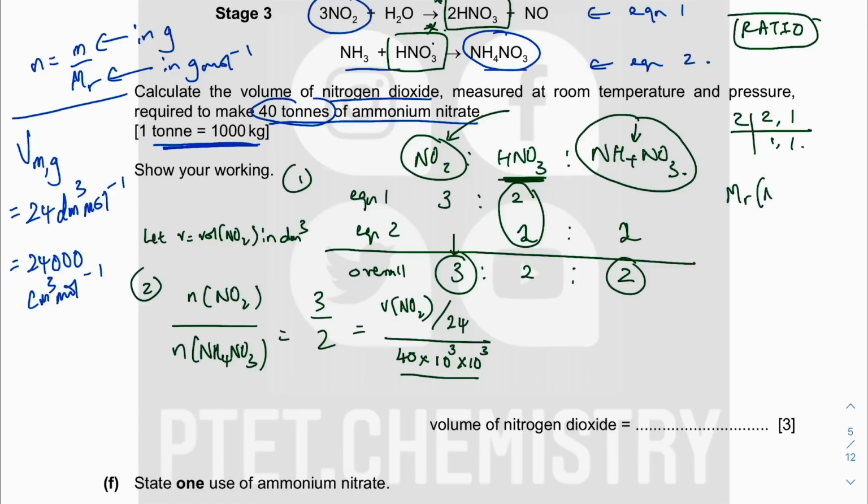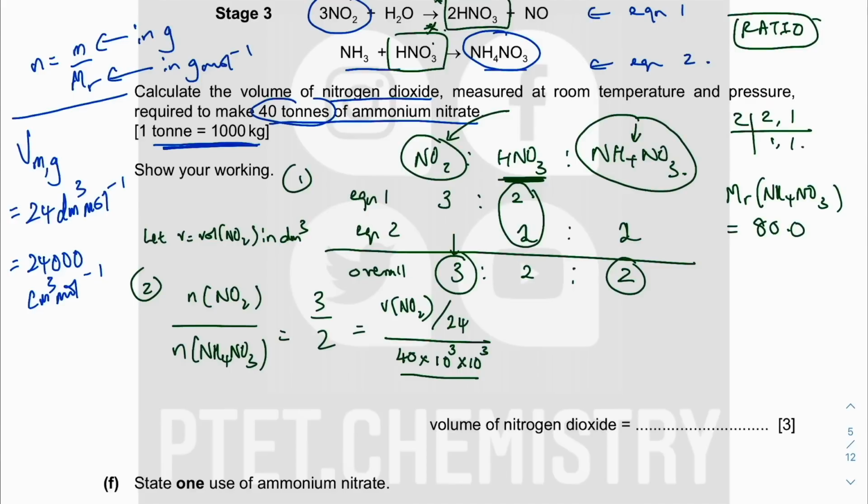The Mr of NH4NO3, get it from your periodic table. So 14.0 plus 4 times 1.0 plus 14.0 times 1 plus 16.0 times 3. I'll get 80.0. Of course, your calculator will not show you 80.0. Your calculator shows you 80. But I choose 80.0 because your periodic table shows you to 1 decimal place, right?